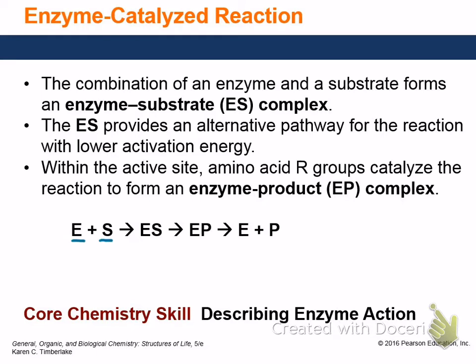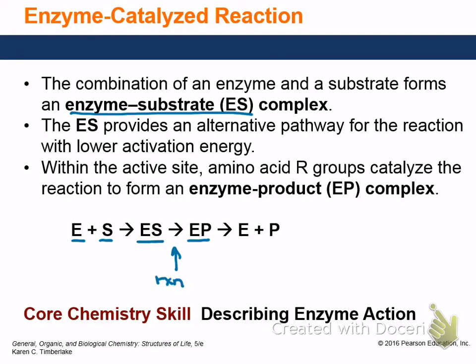The first thing they do in the course of the reaction is bind together. We call this the ES complex, or the enzyme substrate complex. That's this up here. Then the reaction takes place, so it becomes the enzyme product complex. That's that. So the actual reaction takes place here.